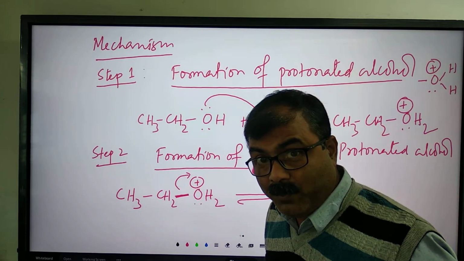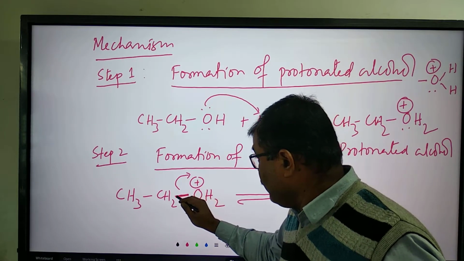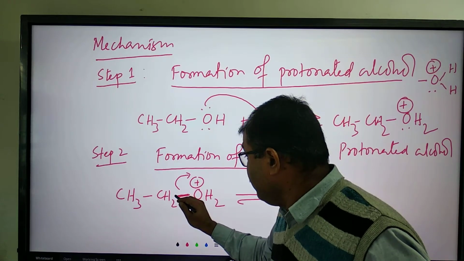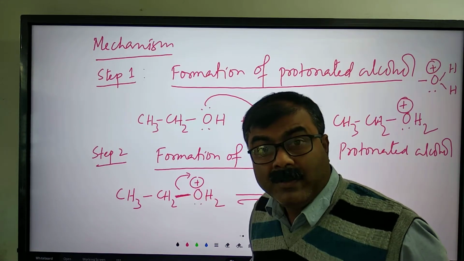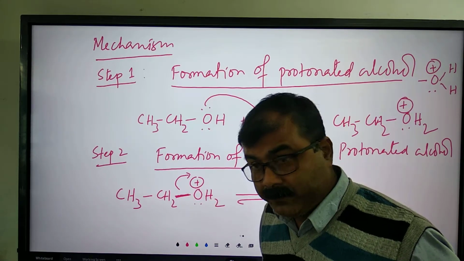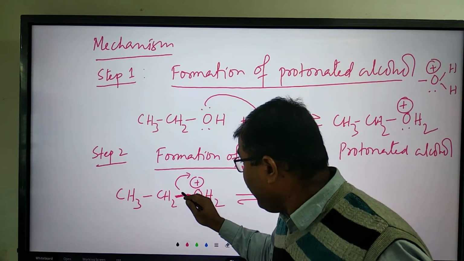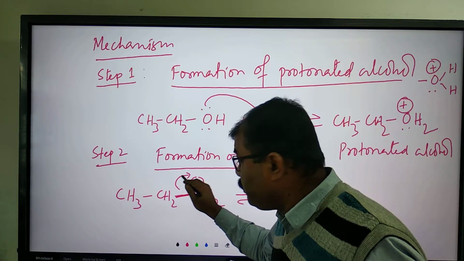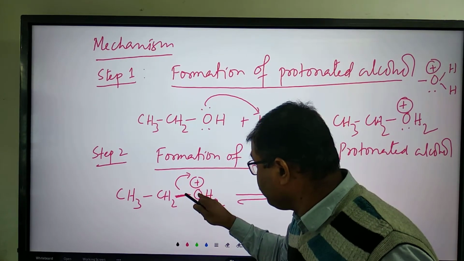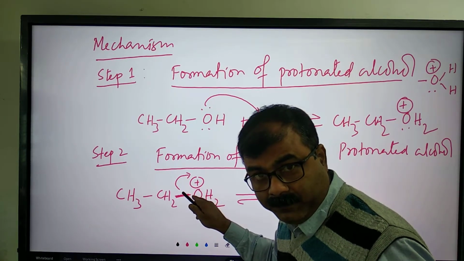That is the purpose of protonation. That is why this carbon-oxygen bond becomes weak, so this bond will break and the electron pair will go towards oxygen.